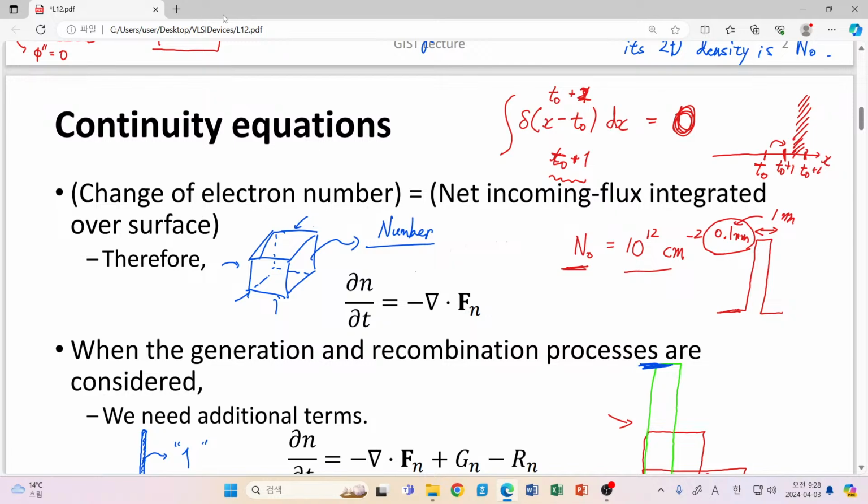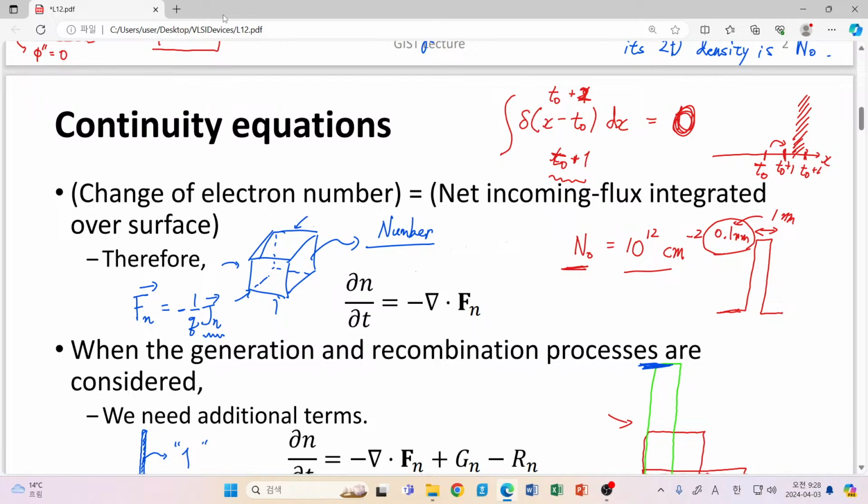So what is the flux of our electron? That is typically written as F sub n in this work, and that is actually given as minus 1 over q times j sub n. What is this? This is our electron current density.